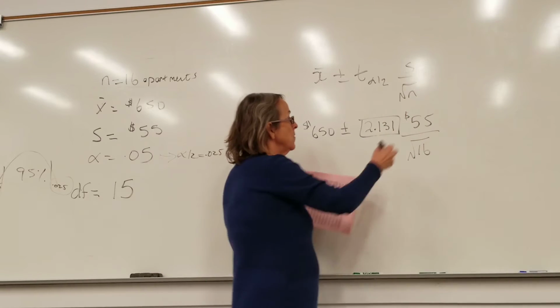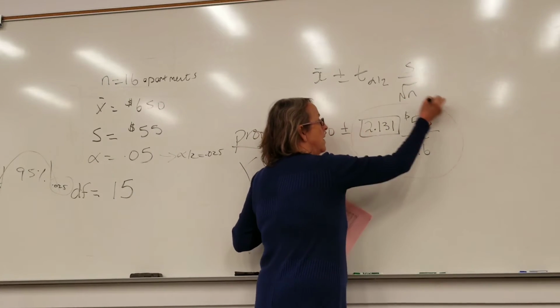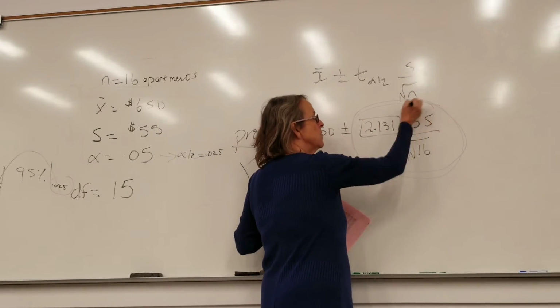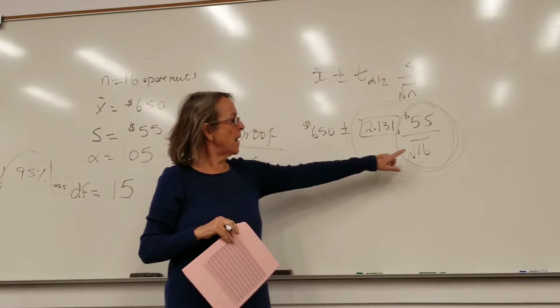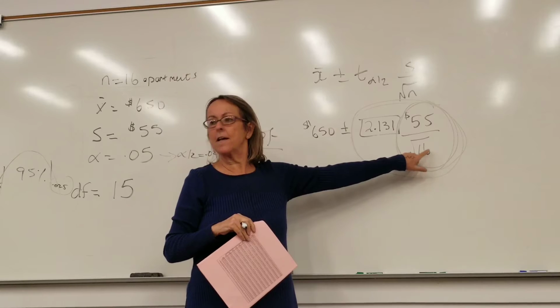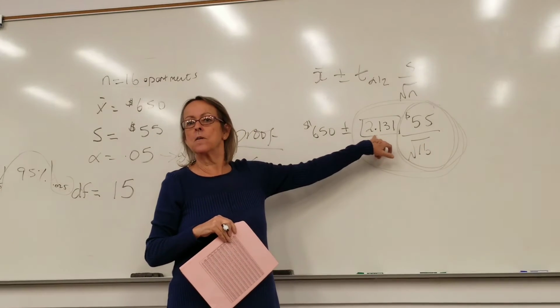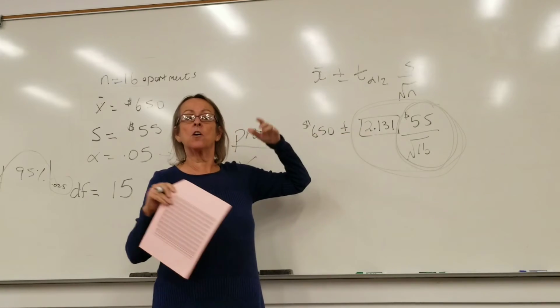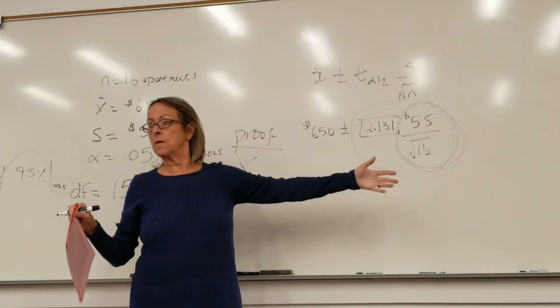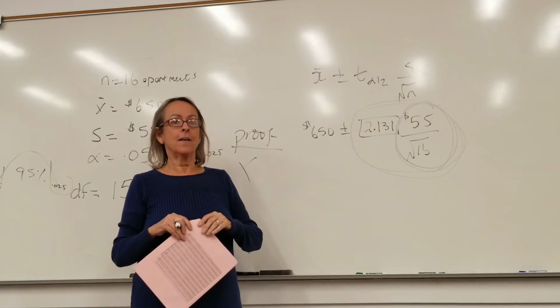What's this whole thing called right here? Right. So what happened to the standard error? Nothing, but using a t-score makes my margin of error bigger, which makes my confidence interval wider. Got it?